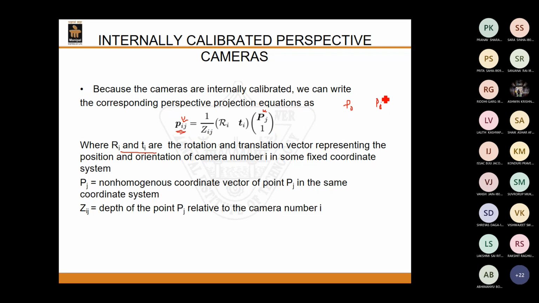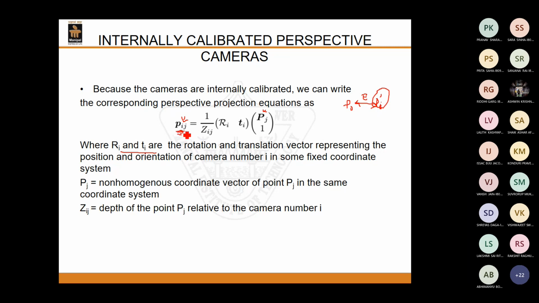I get another reconstruction, let's say P_j dash. In that case, this P_j and P_j dash can be mapped to each other by a Euclidean transformation. That means if I apply a rotation and translation to this particular set of reconstructed points, I get this P dash j.